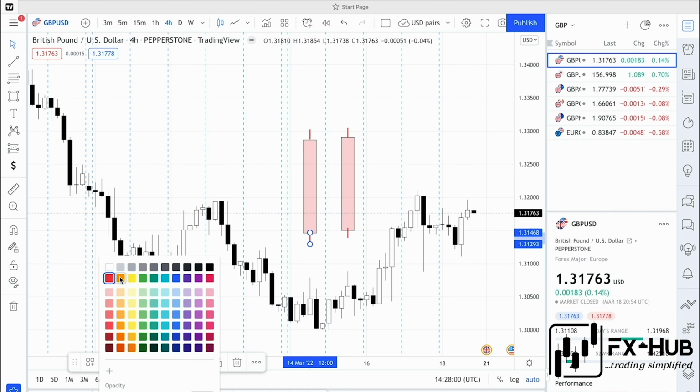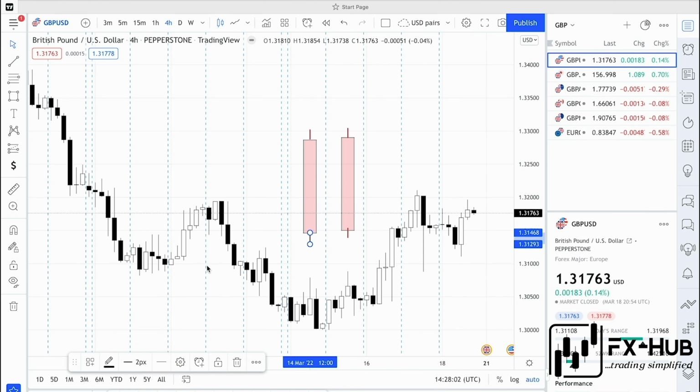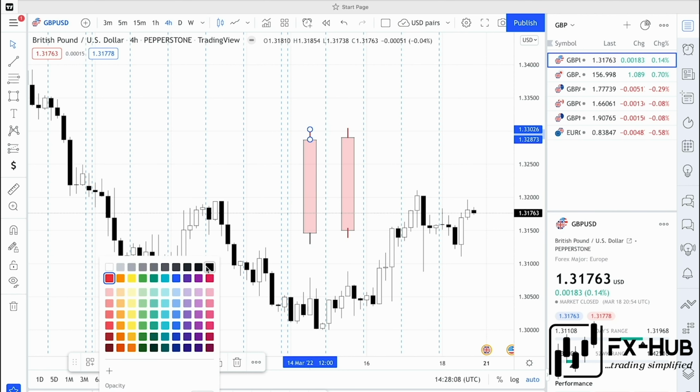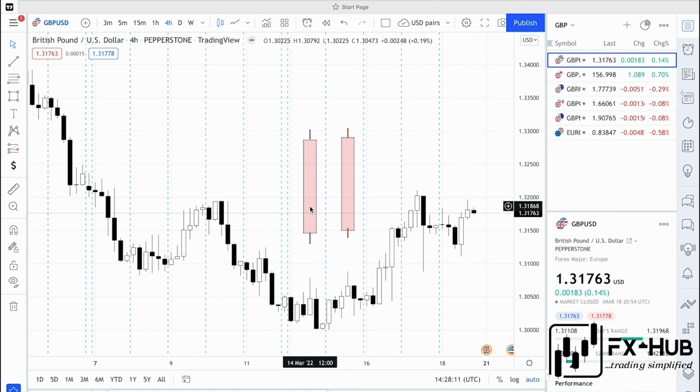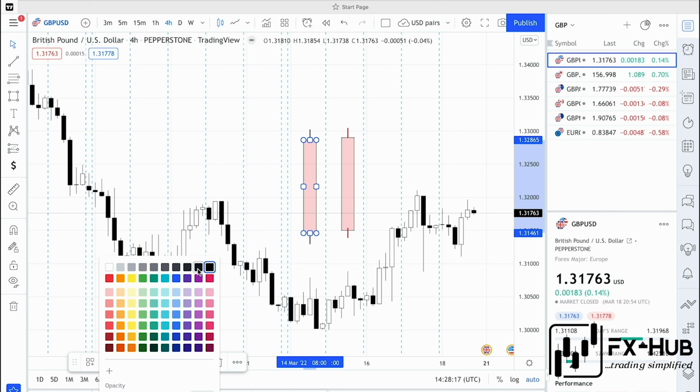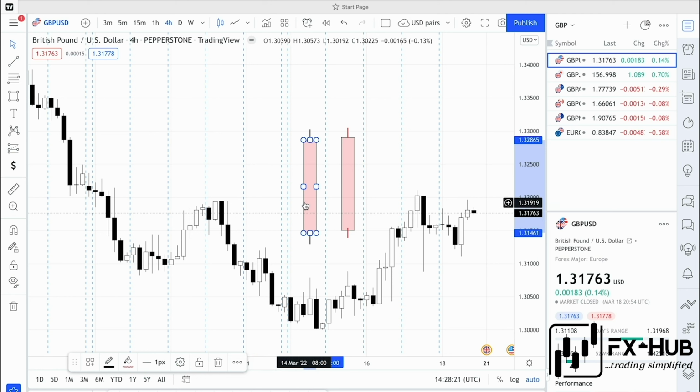Looking at my chart now, you may be seeing something there, but don't worry, I'm trying to draw something here. Let me make this black.